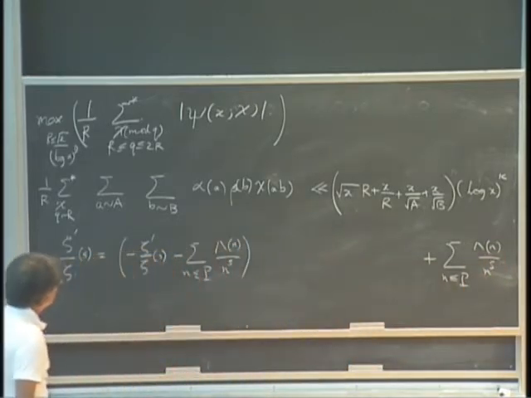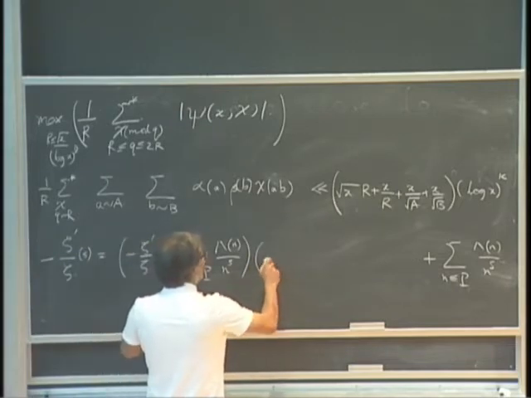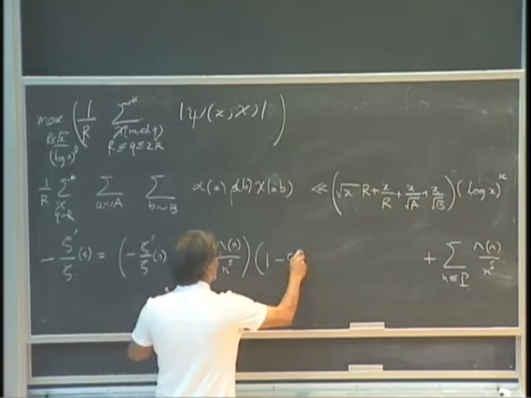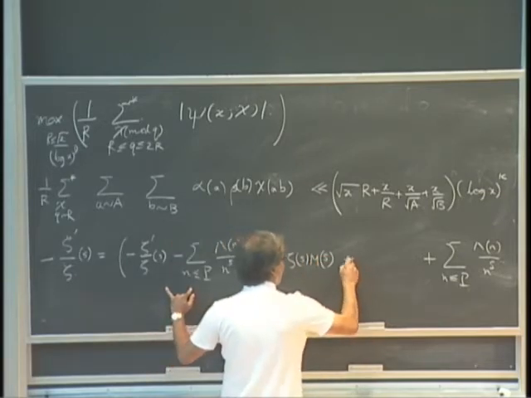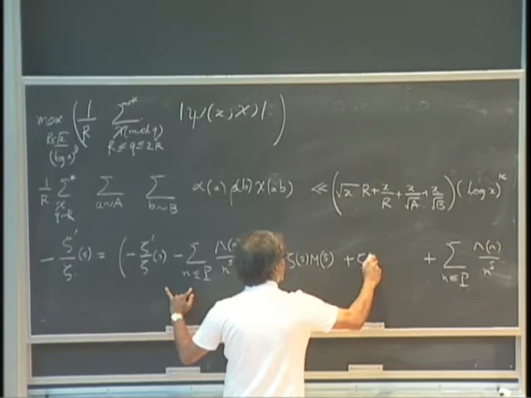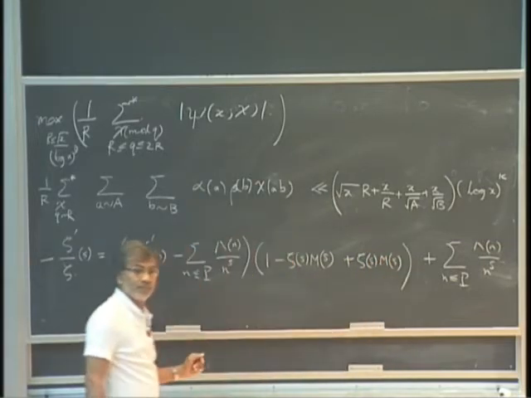And then this part I multiplied by 1, which I wrote as 1 minus zeta of s times some Dirichlet polynomial m of s, plus zeta of s m of s.